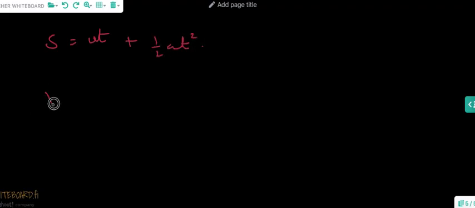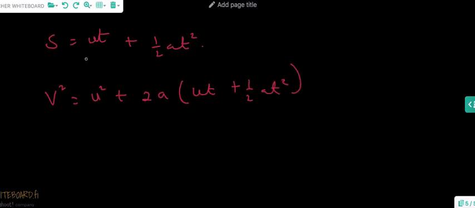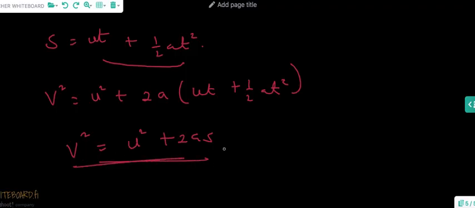Then we have v square equals u square plus 2a bracket ut plus half at square. If you replace ut plus half at square with s, you're going to have v square equals u square plus 2as. This is equation 3 of linear motion.